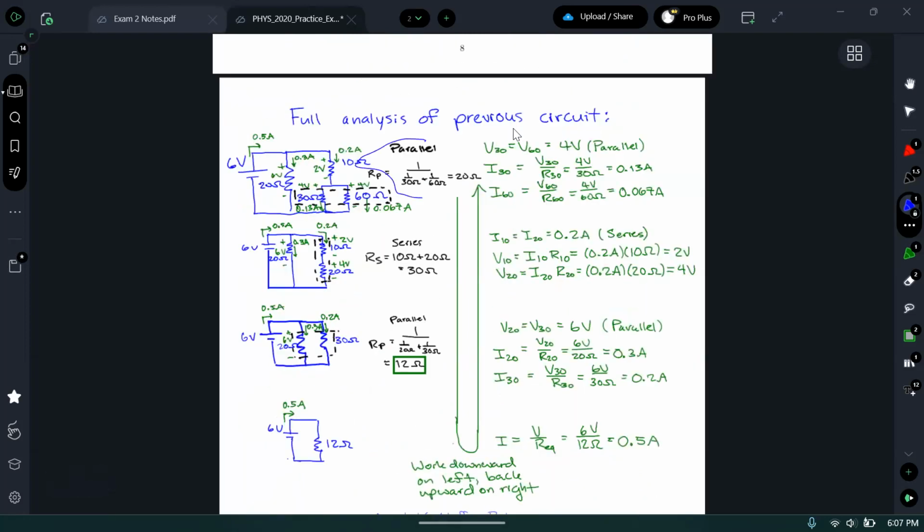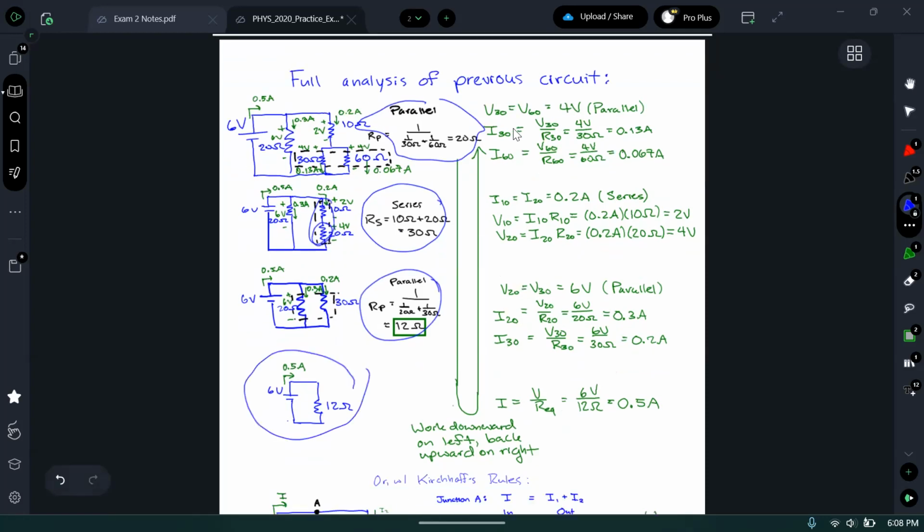First thing I did is, in steps of two resistors at a time, I picked the ones that looked most obviously series or parallel, found those, combined them into one equivalent resistor, did that again because I realized that equivalent resistor was in series with another resistor, redrew the circuit again, found the equivalent resistance until I was down to just one resistor. Then I used that to find this current leaving the battery, and then I worked my way back up from there. So once I found the current leaving the battery, I could go back to this slightly more complicated circuit.